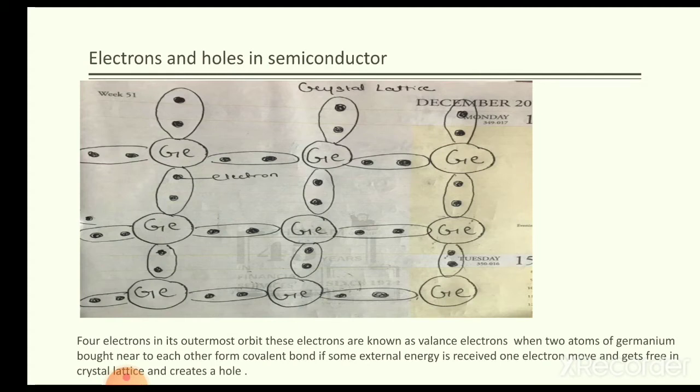It has 4 electrons in its outermost orbit called valence electrons, and when they receive some external energy, one electron moves out in the lattice and gets free. जब ये external energy receive करते हैं तो एक इलेक्ट्रॉन क्रिस्टल से बाहर आ जाता है लेटिस स्ट्रक्चर में और वो फ्री हो जाता है और वो होल क्रिएट करता है.